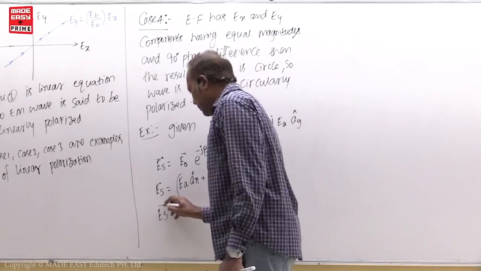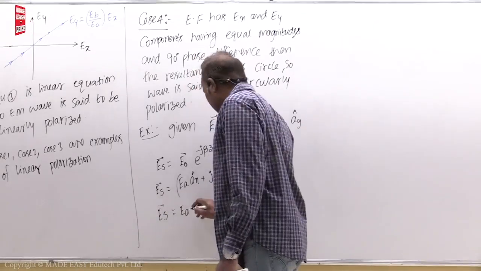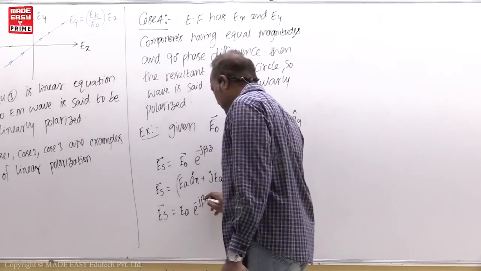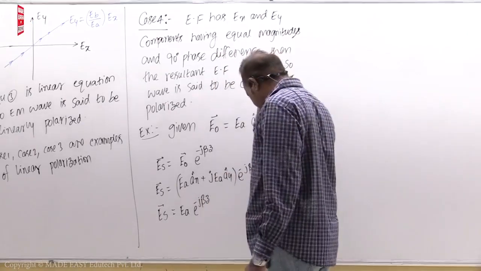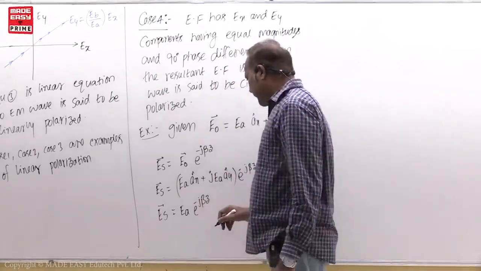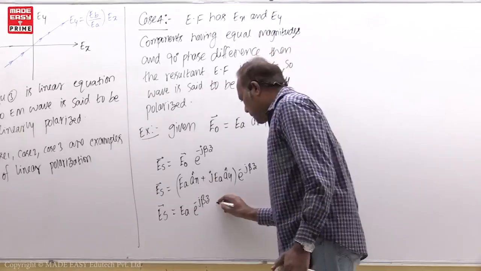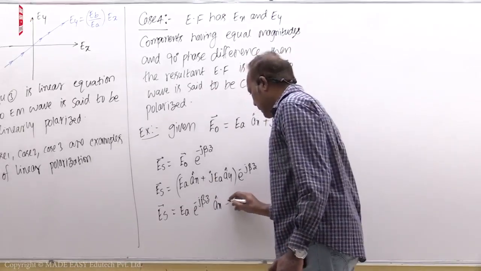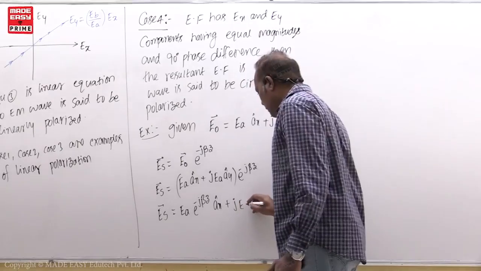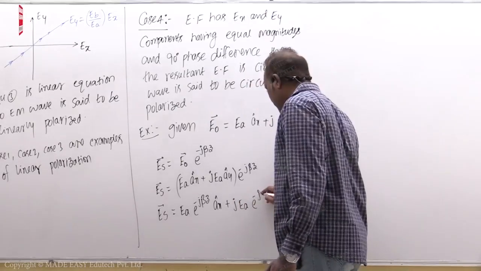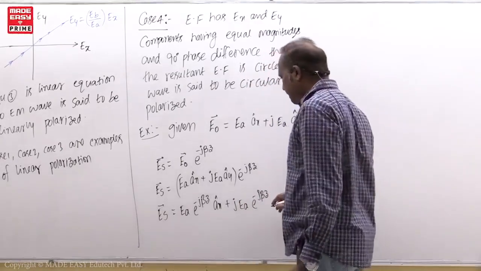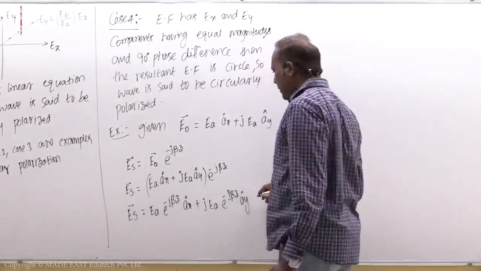So ES bar is equal to EA e power minus j beta z ax, plus j into EA e power minus j beta z ay.